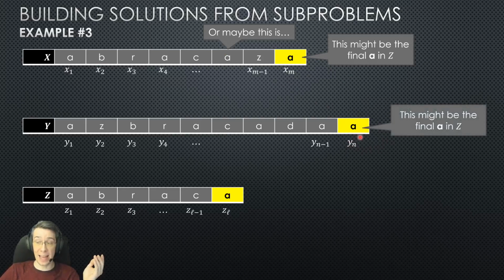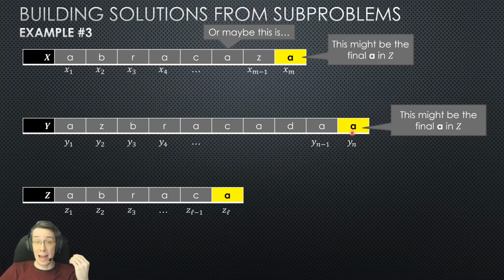Similarly, this final a in y might be the final a in z, so we can't chop it off because we might need it. We can see in this particular case, by counting a's and staring at the string, that we don't really need this a. But without doing a lot of computation on the string y, which would take a really long time if y is very large, you can't tell that this a isn't needed. So naively, because this a matches this last letter of z, we might need it.